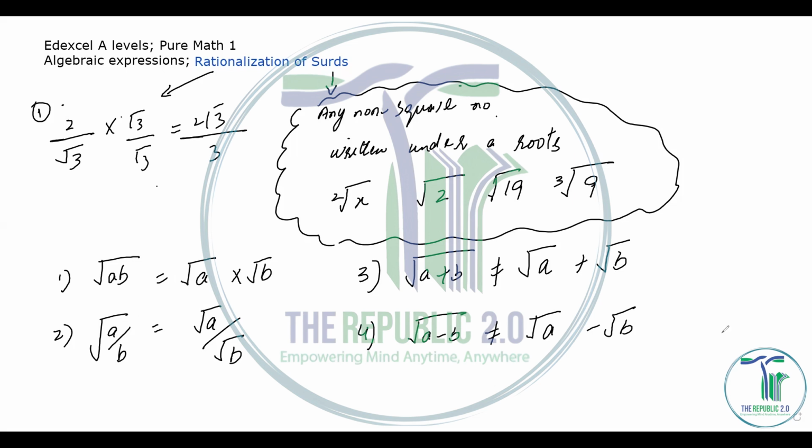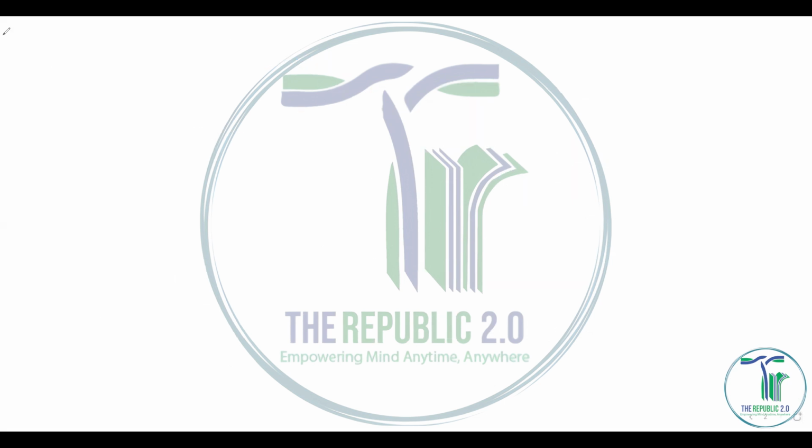Before getting to the rationalization of surds, you must understand how we can simplify a surd. For example, in example A, we have root of 20 divided by 2. First I split down the 20 and see if there is any square number in it. So I would have 4 times 5 divided by 2.